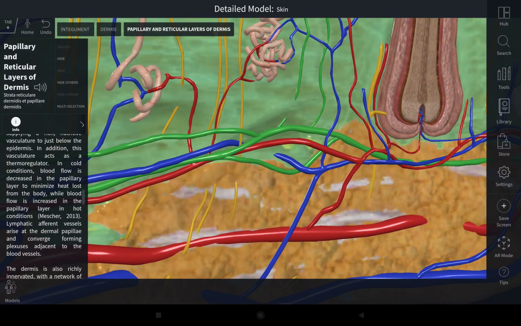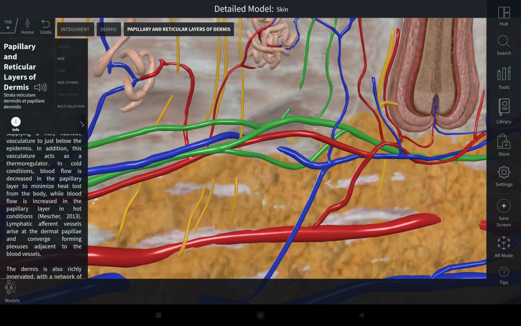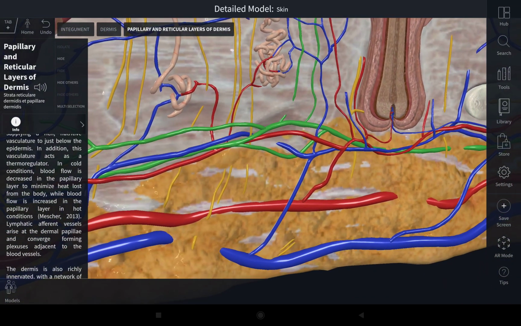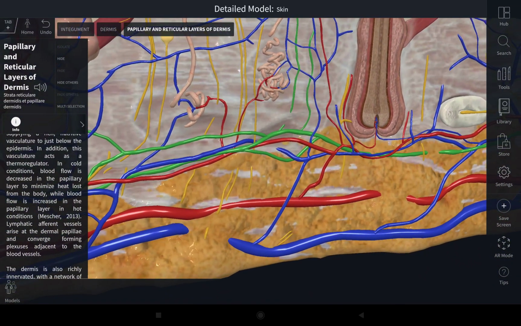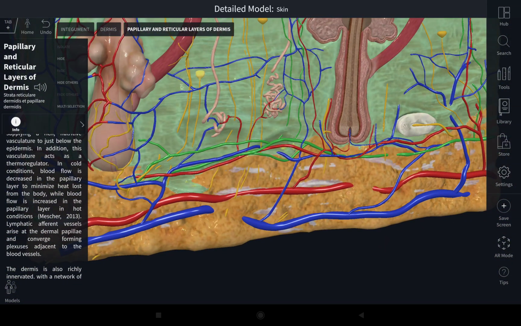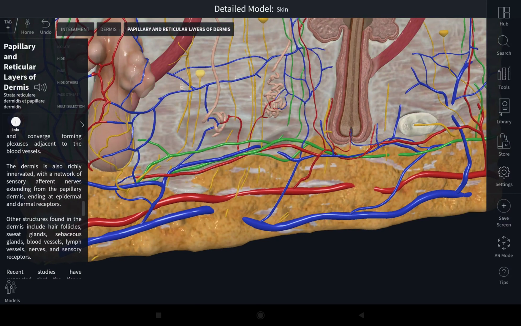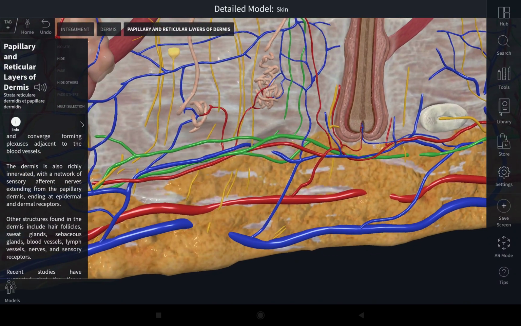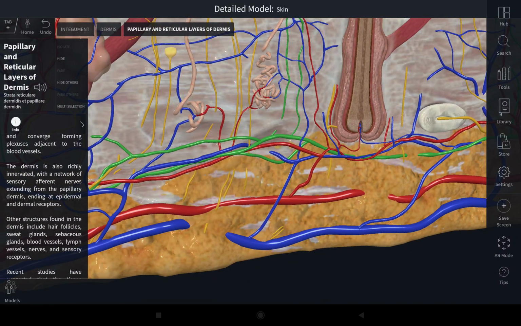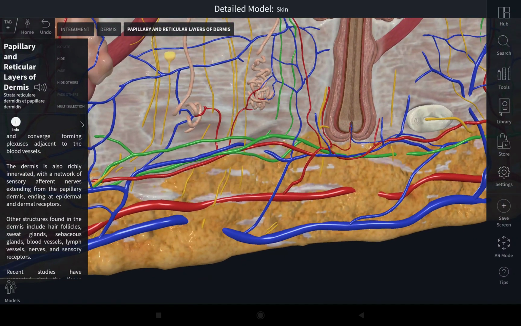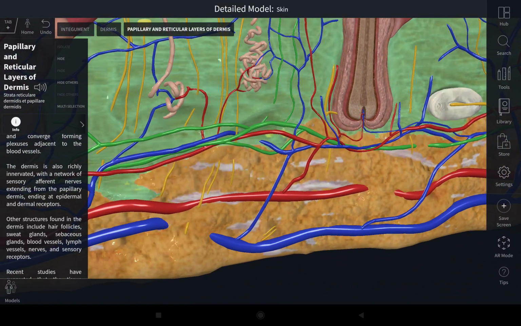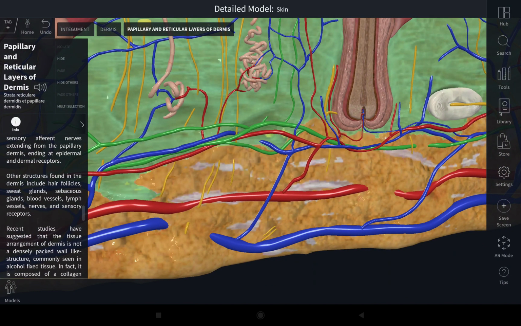Lymphatic afferent vessels arise at the dermal papillae and converge, forming plexuses adjacent to the blood vessels. The dermis is also richly innervated with a network of sensory afferent nerves extending from the papillary dermis, ending at epidermal and dermal receptors. Other structures found in the dermis include hair follicles.